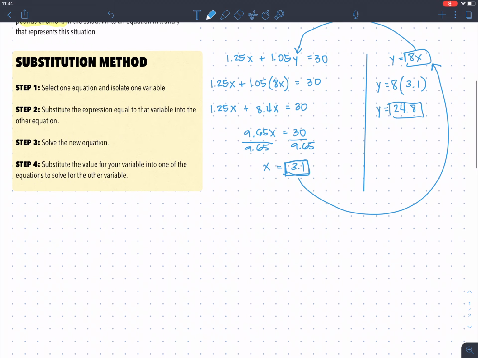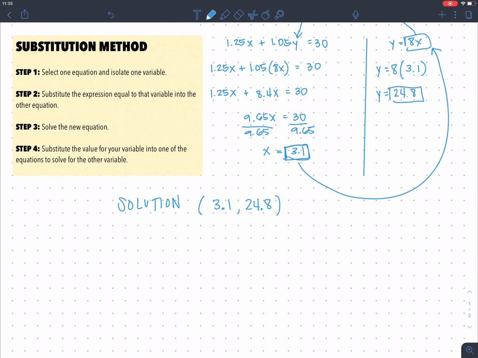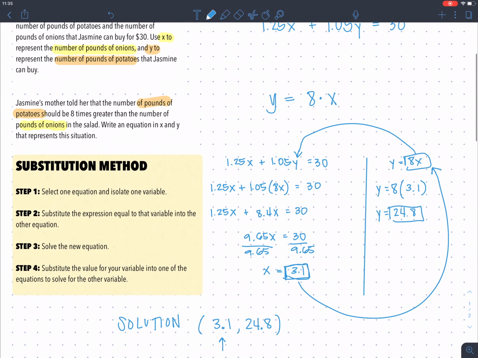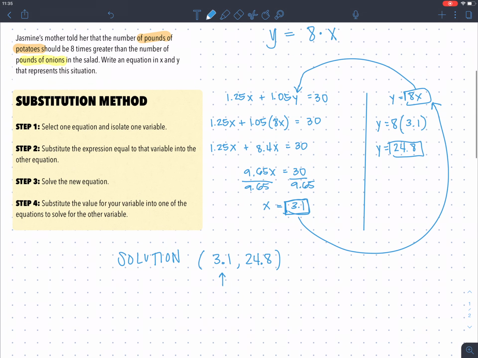So my solution to a system is going to be a coordinate pair, just like when we graph it. So my x value is 3.1, and my y value is 24.8. So that is my solution. But in terms of this problem, this 3.1 represents the pounds of, what was it? Onions. Pounds of onions.